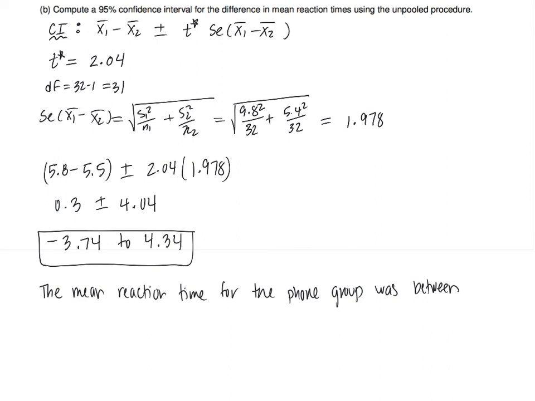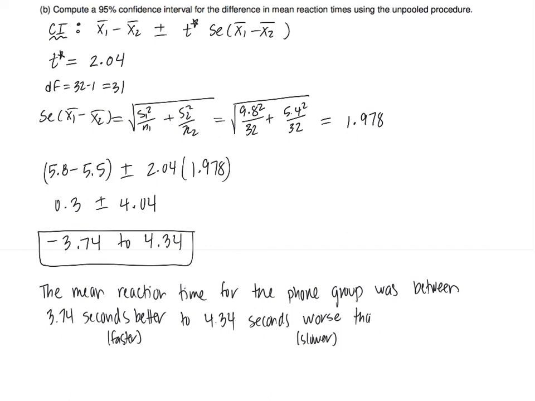Okay, it was between 3.74 seconds better to 4.34 seconds worse, because notice that better means faster, worse means slower, than the non-phone group. So if I give you something where you have a negative, I want to make sure you know what that negative means.